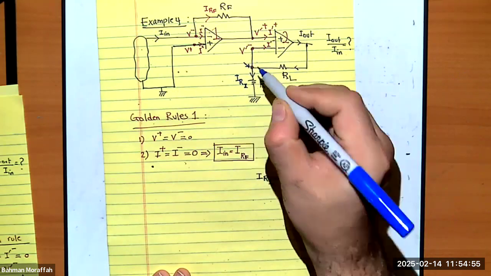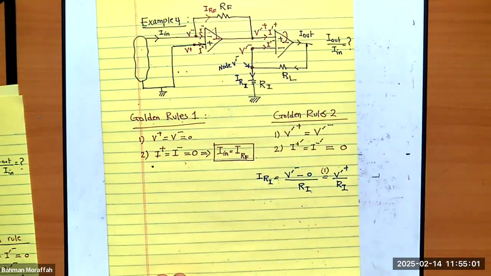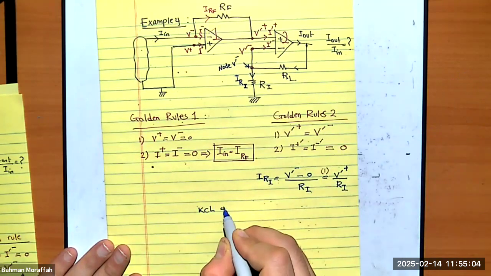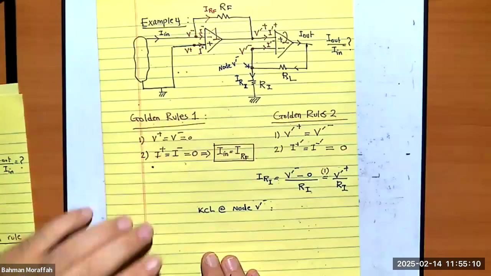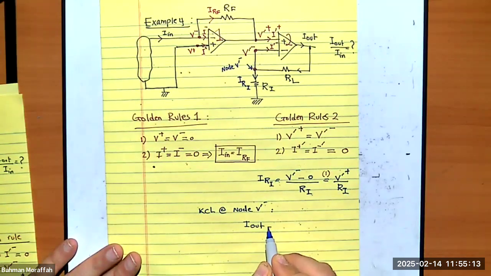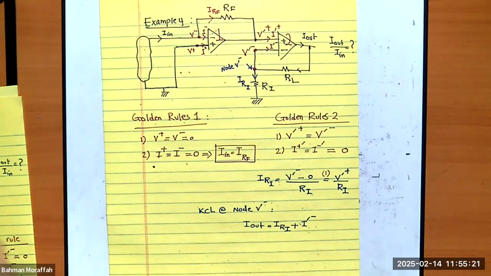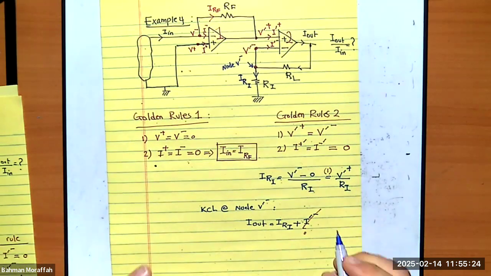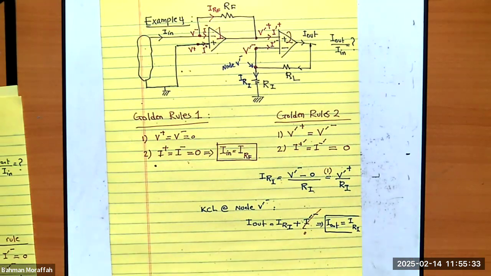So let's just call this node V prime negative. Writing a KCL at node V prime negative tells us whatever goes in should come out. So I out equals I through Ri plus I prime negative. But this one over here, we know it is 0. Therefore, I out is I through Ri, right?